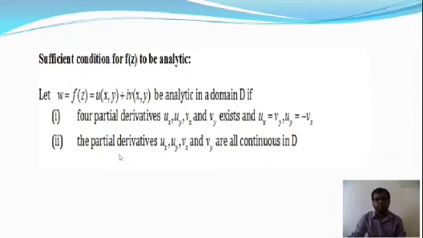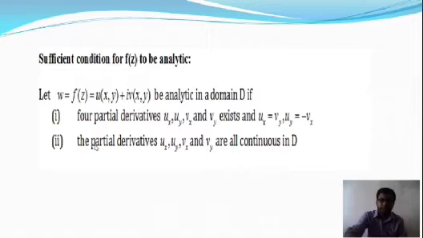That means if the function is analytic, then the partial derivatives exist and the Cauchy-Riemann equations are satisfied. And if the Cauchy-Riemann equations are satisfied and the partial derivatives exist, this is the sufficient condition, then we'll say the function is analytic.